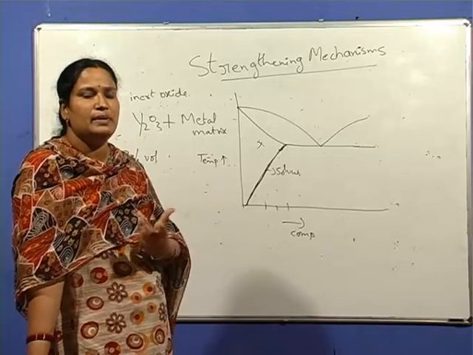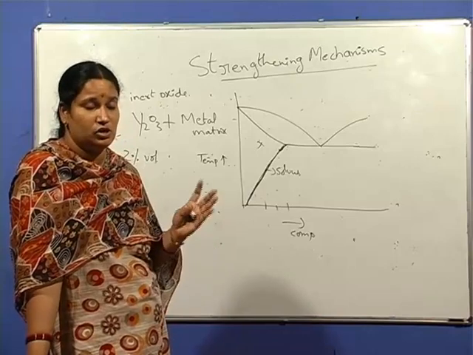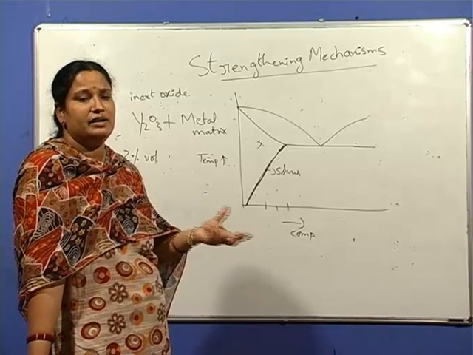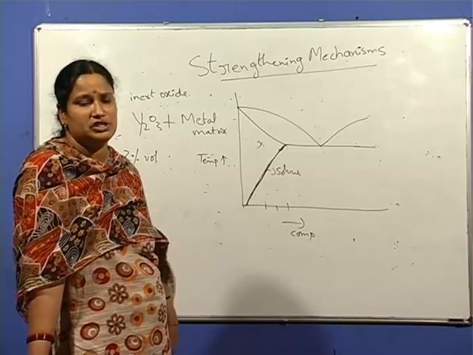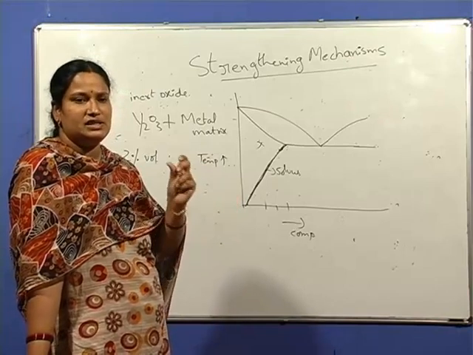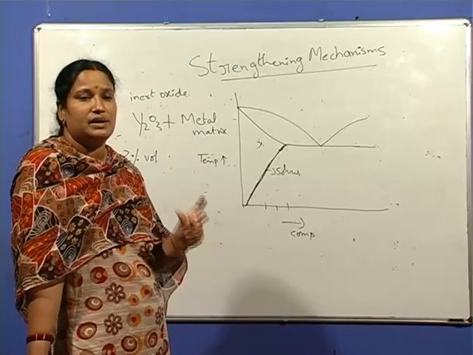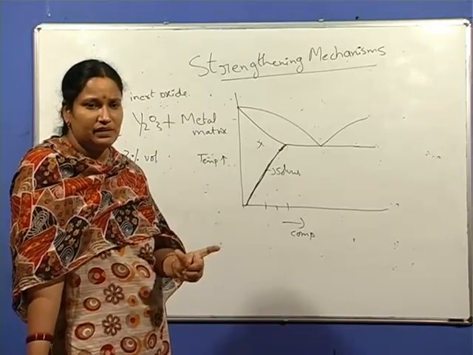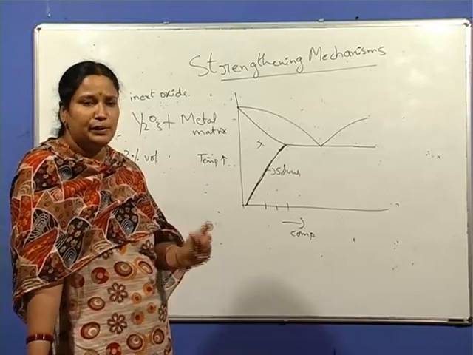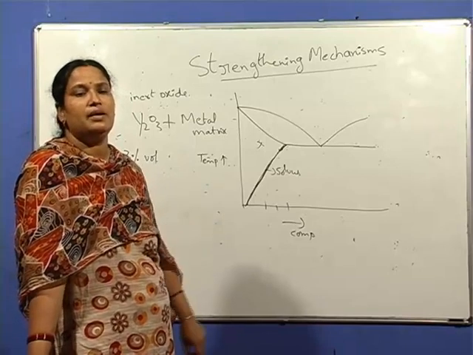Because it is only mechanical alloying, mixing of metal matrix powders with the inert oxide particles, ball milling, and then consolidation by powder metallurgical techniques and forming the product. There is no coherency between the dispersoids and the matrix in dispersion strengthening alloys, but there is coherency, also known as lattice matching, between the precipitate particles and the matrix.